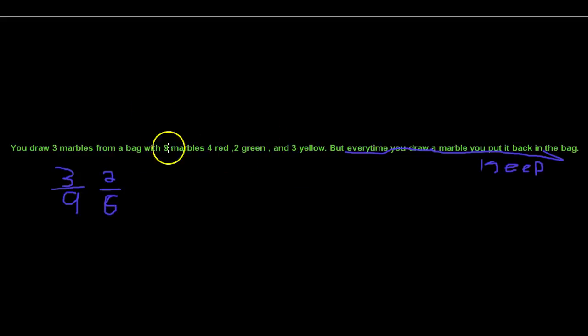Then our probability would change again, because now there's only 7 marbles in the whole bag, and we draw the last yellow marble, so there is only 1. So now we have 3 times 2 times 1, so that is going to be 6.